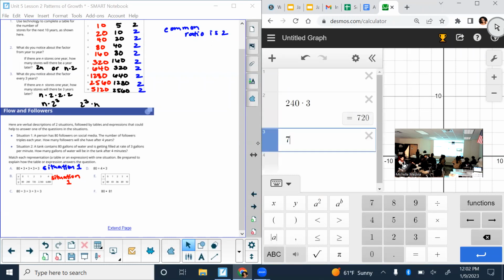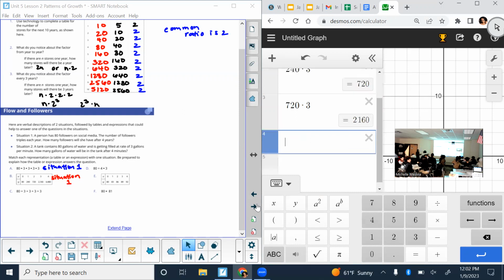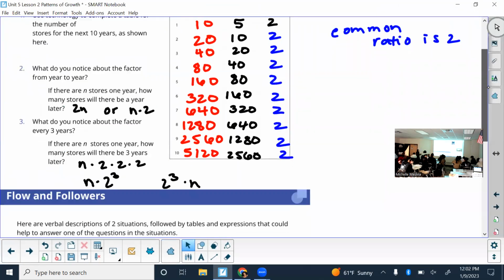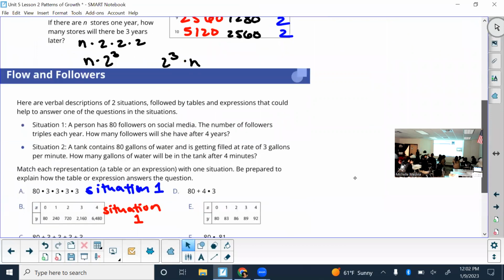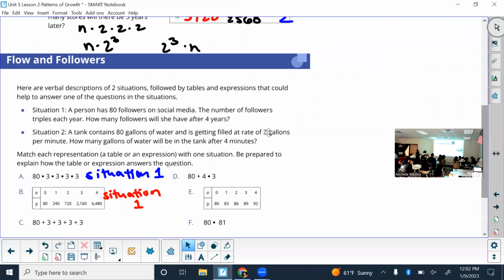All right, let's see, 720 times 3. Is that the same as the table? And then that's times 3. Yep. Is that the same as the table? So it probably is best for situation one, because what's the pattern in situation two? 3 gallons per minute. So 3 each minute, so it's adding 3 each time, correct?